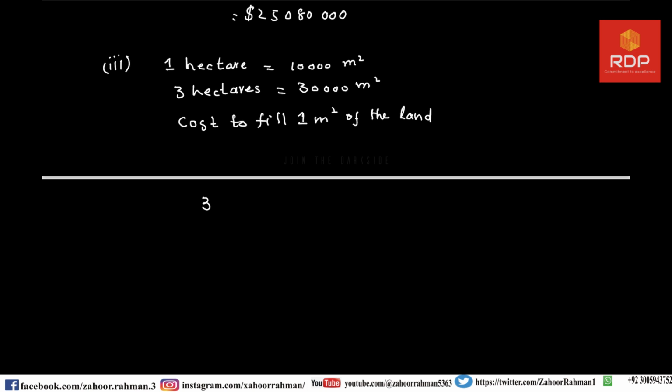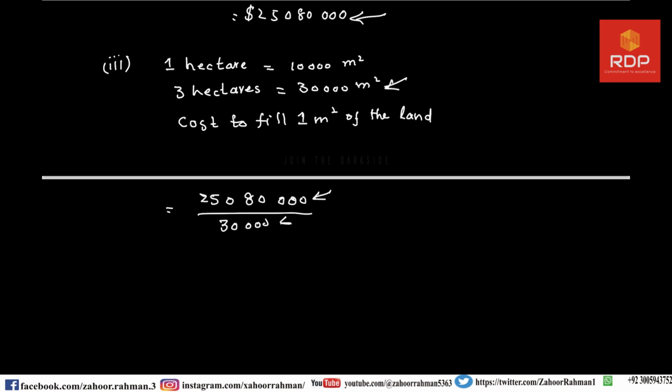25,08,000 divided by 30,000. We got this value from here and this value from here.